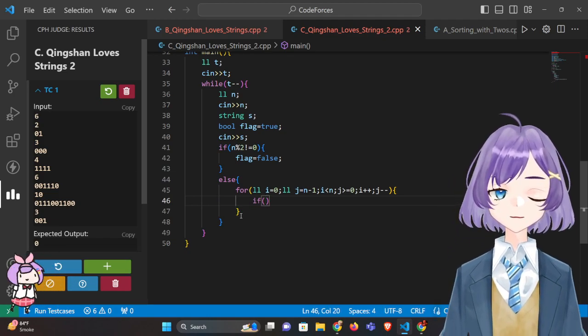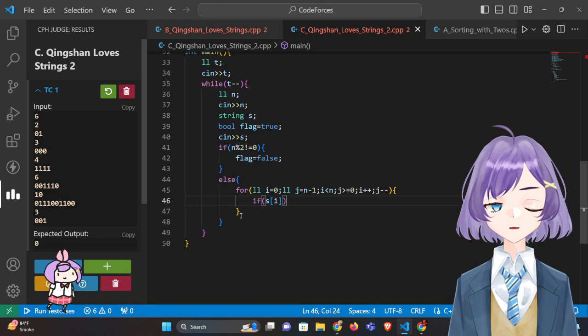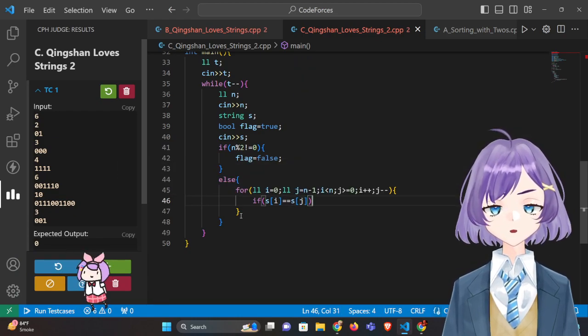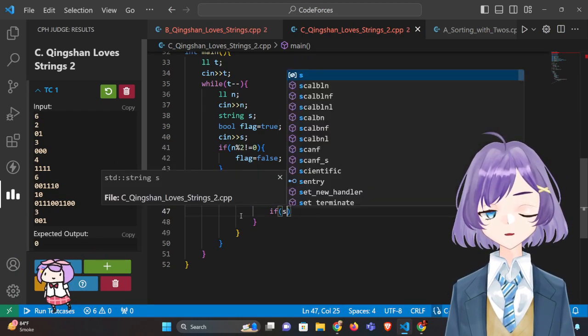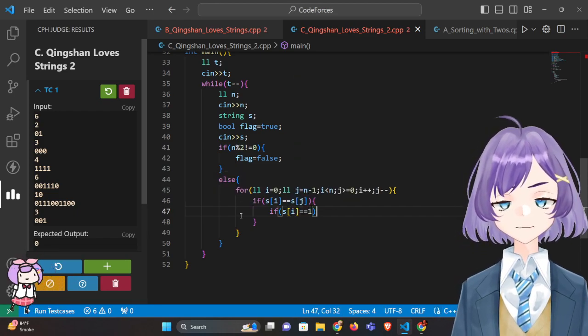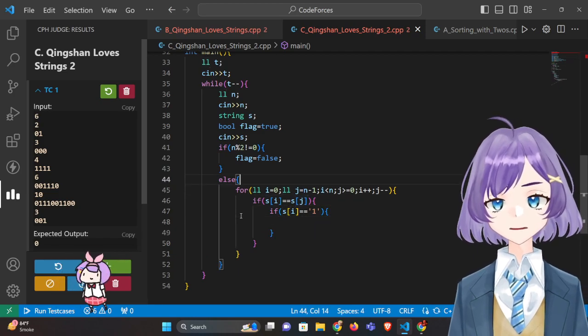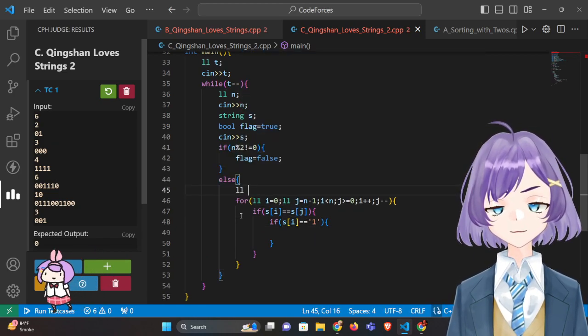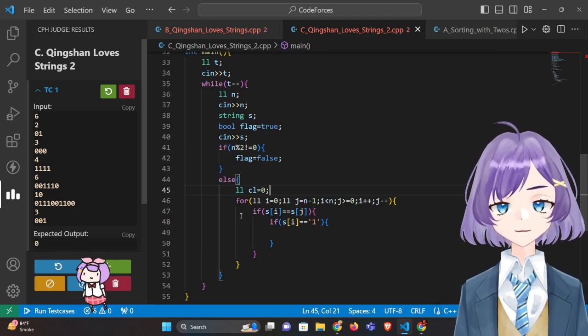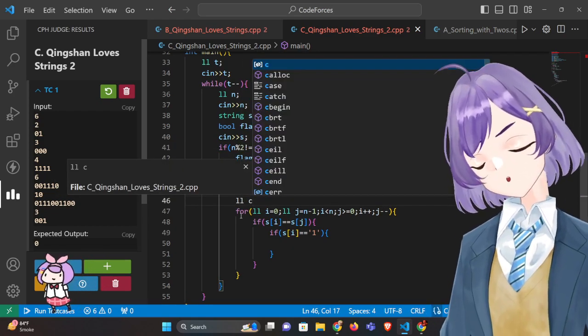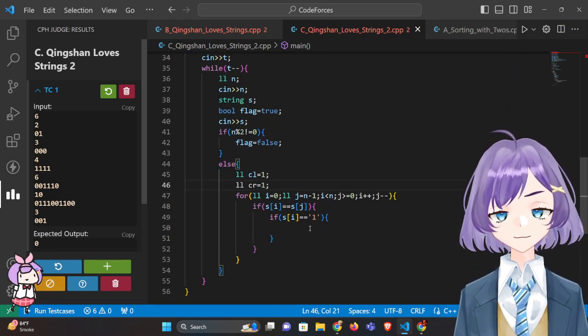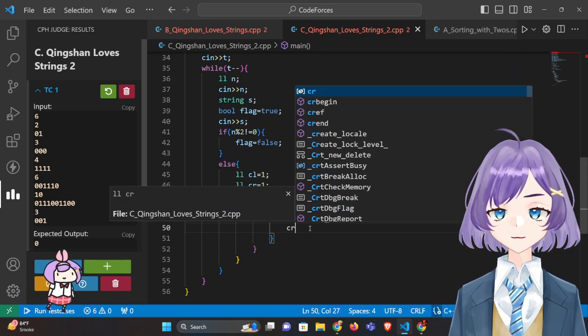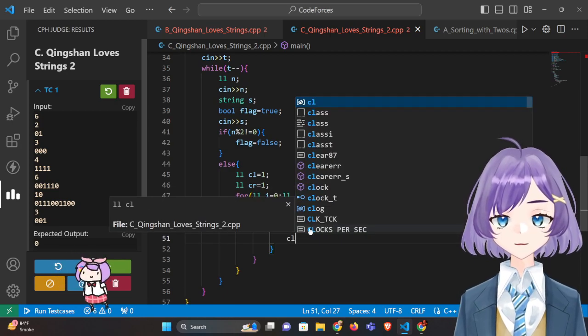If s of I is equal to s of j, if s of I equals 1, then cnt of left and cnt of right, cnt of right plus plus, cnt of left plus plus.